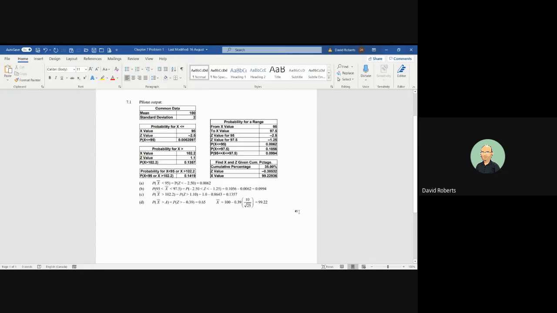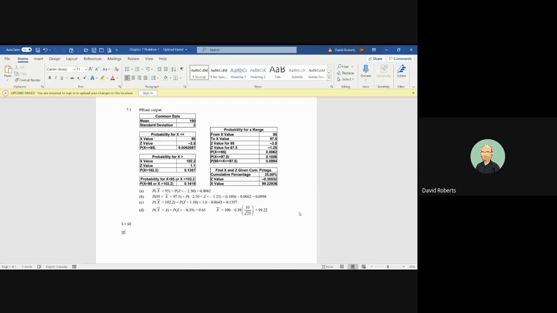If I can get this to cooperate, that is. So S is 10, and this is part of it anyways. S is the standard deviation. Then you take the square root of the sample size.